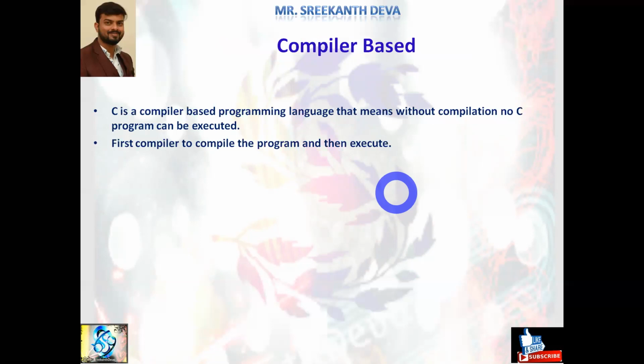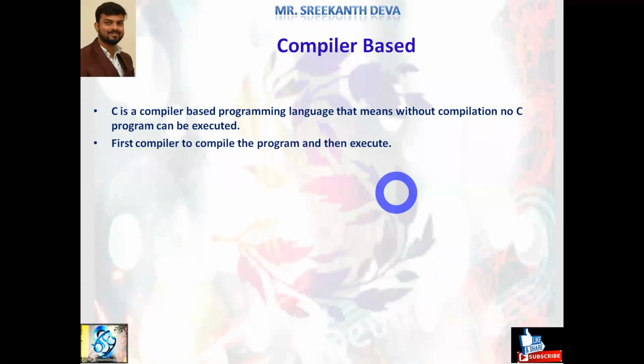C is a compiler based programming language. Here the C compiler takes a very vital role in the development of a C application. If the programmer makes any kind of syntax error or improper coding, the compiler is responsible for generating compile time errors. Until these compile time errors are cleared, we cannot proceed to the next level, as execution of the C program is not possible.